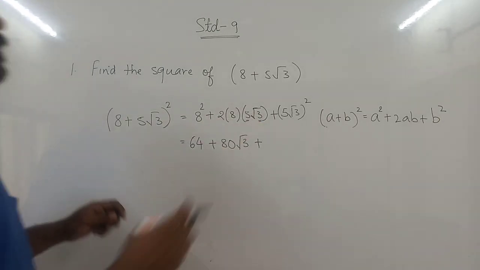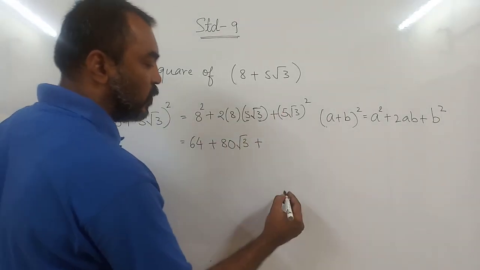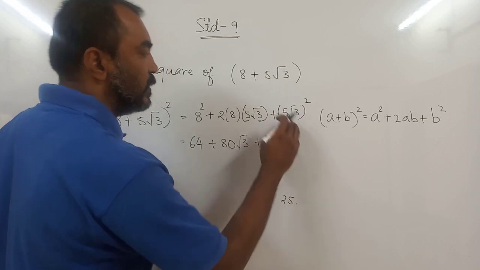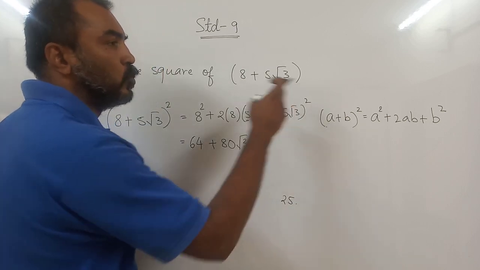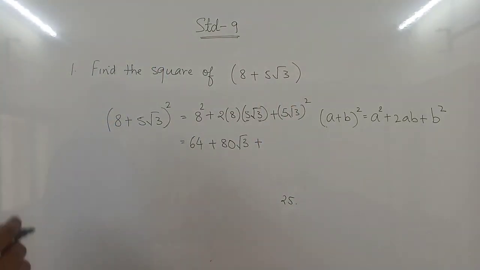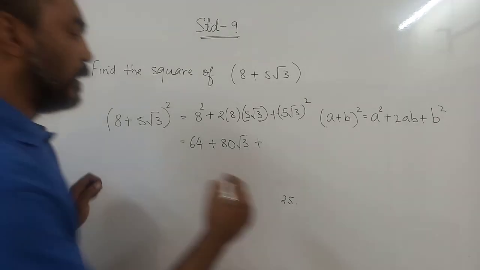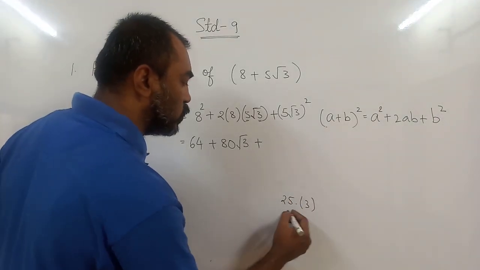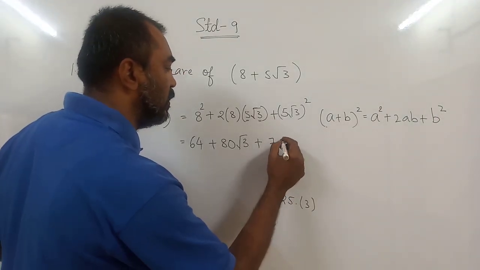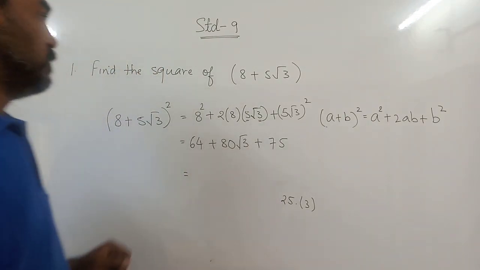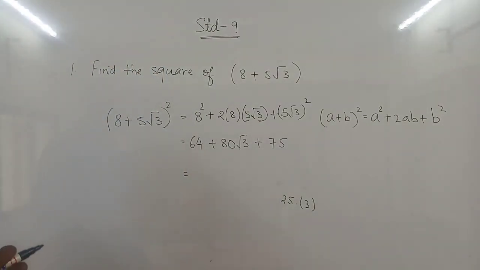Again, square. What is 5 square? 5 square is 25. Root 3 square is root 3 into root 3, that is root 9, and root 9 becomes 3. So 25 3s are 75. Yes, we got 75. Is it clear?